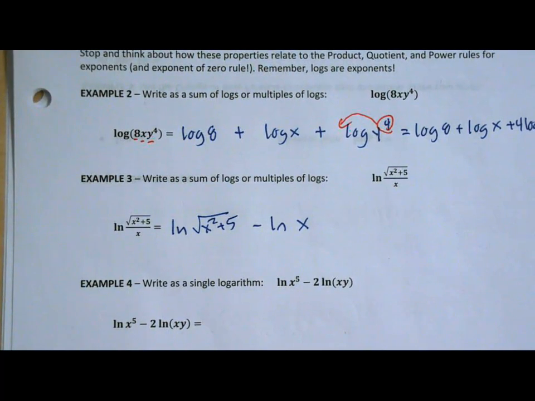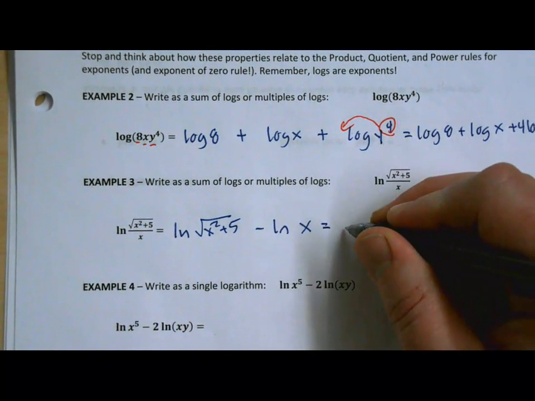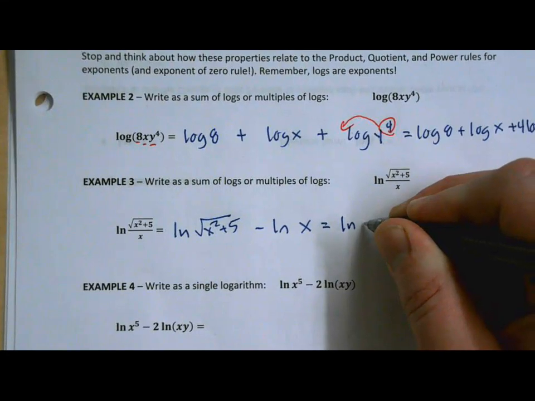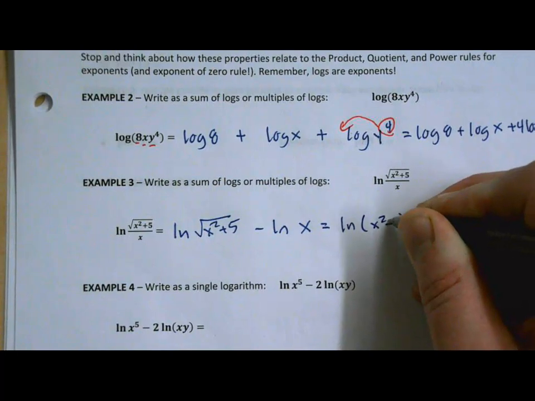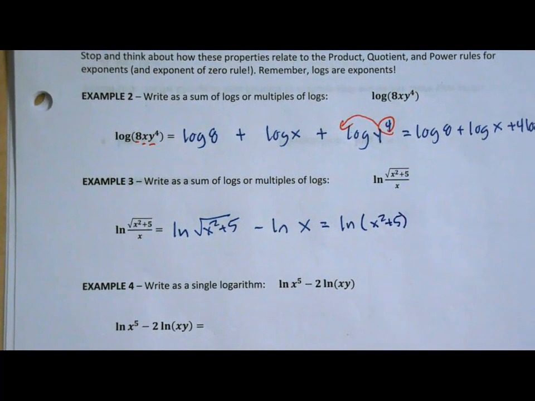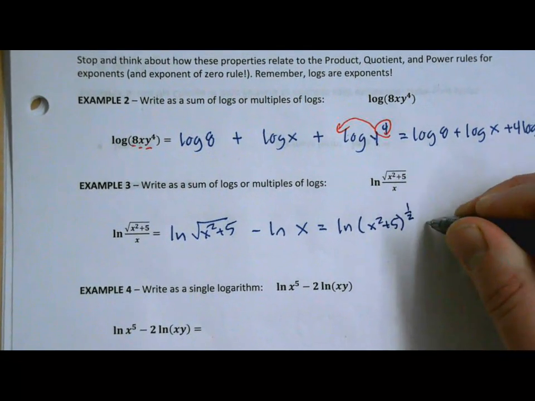Is there anything more we can do to that? What if I wrote that first log, instead of it being a square root, how can we rewrite a square root as a power? What power would it be? Half, yeah.